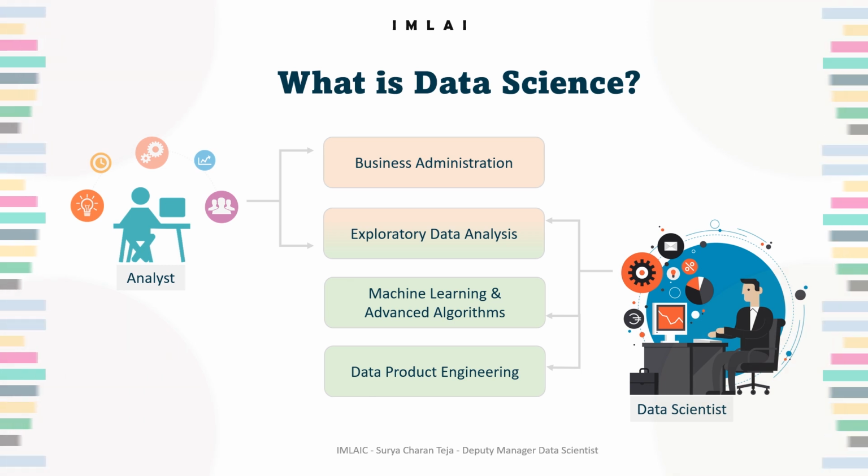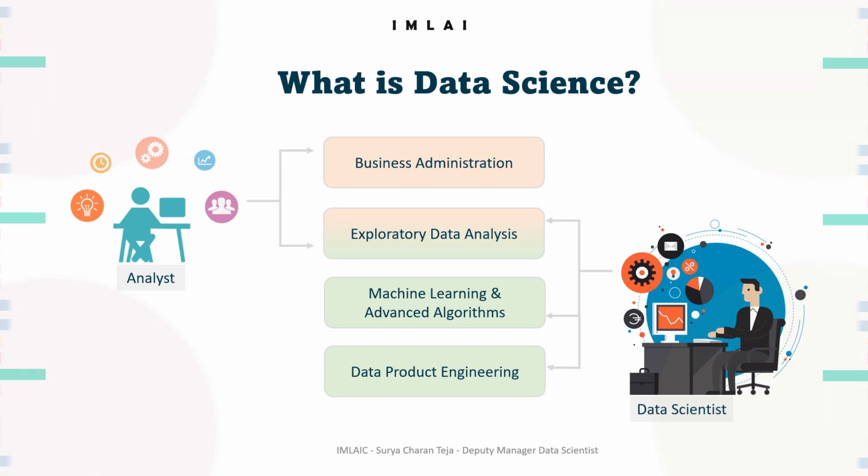But before that, let me sum up everything about this flowchart that I put on your screen. As you can see from the image, a data analyst usually explains what is going on by processing the history of the data.